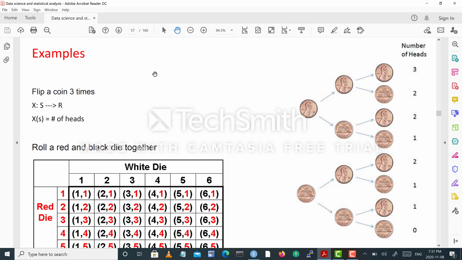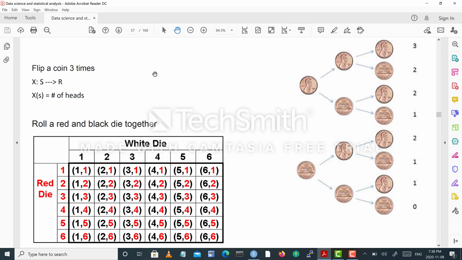From the right-hand side graph, we can see the values of the function X are 3, 2, 2, 1, 2, 1, 1, and 0. So this is the sample space, and then we have the number of heads.